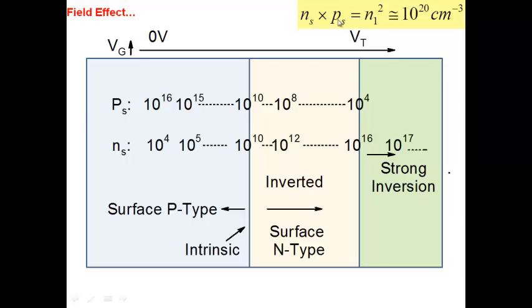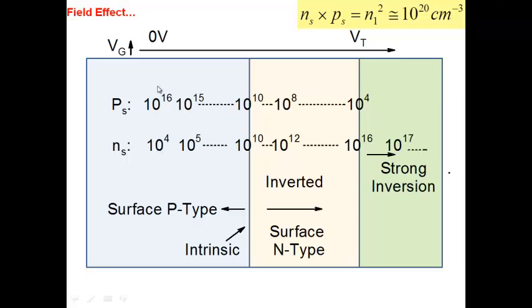So at the surface, everywhere in my system, Ns, number of electrons times number of holes, has to be equal to Ni square, 10 to the power 20, okay? And I'm saying I'm increasing the gate voltage steadily. And this is what is happening in my system. When my gate voltage is 0, number of holes in my system is 10 to the power 16. Number of electrons is 10 to the power 4.